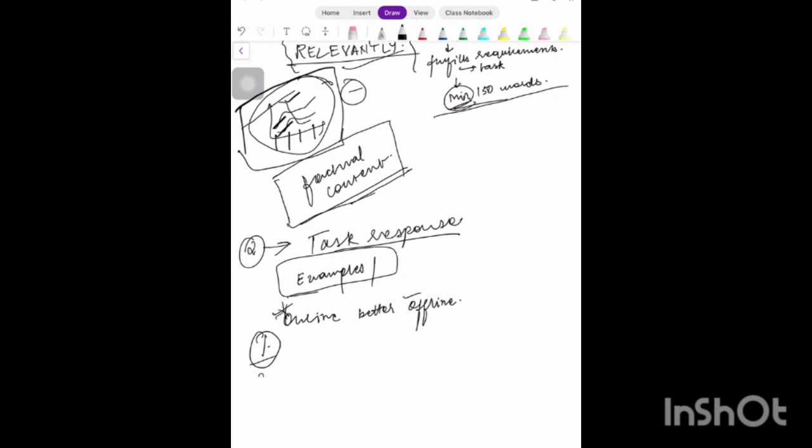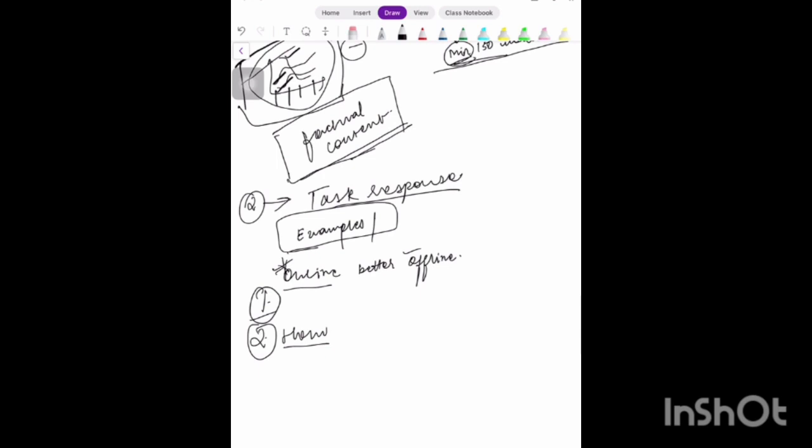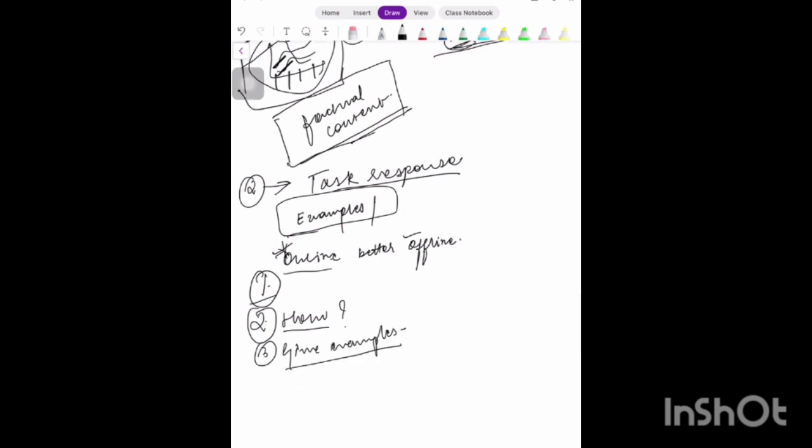Now another part of the question: if so, explain how. So you'll have to explain how online is better than offline. And then the third sub-part of the question says give examples. So you have to make examples to show how online is actually better than offline. You can use your own experience. In COVID times you faced something, you can write that, COVID-19. So this is what task response is.